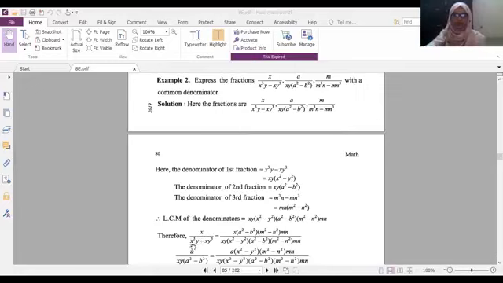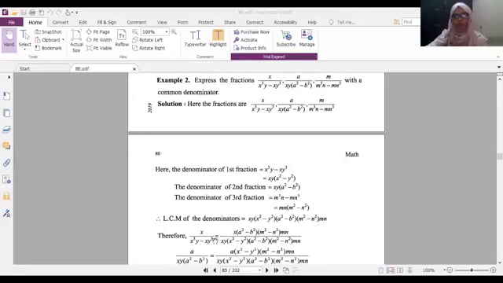Here x by x cube y minus xy cube is the first fraction. So x by xy into x square minus y square. Now this LCM is divided by this denominator. We get the quotient a square minus b square into m square minus n square into mn.